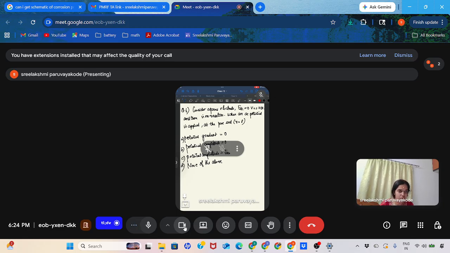So these are the options. We saw when we are considering the boundary conditions at x equal to 0 and x equal to L, here we say applied potential equal to AC naught, and here dE by dx equal to 0. So the option is A. These are the boundary conditions we are applying. It's a direct question. If you know the derivation, you'll be able to answer.